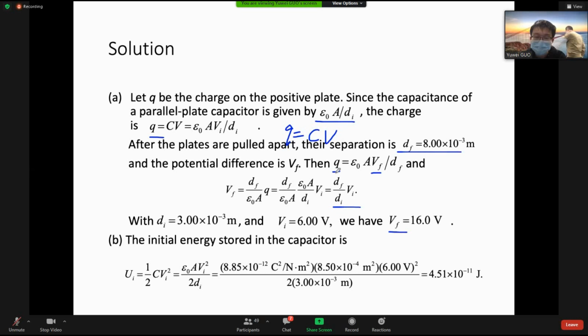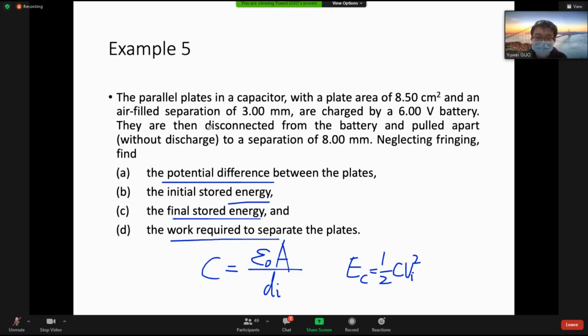Why can we imagine that this is the same Q? Because there is no other way for this charge to get out. In this problem, they have disconnected from the battery, so the charge can't run out. So it should stay in the plates. So the Q should be the same.